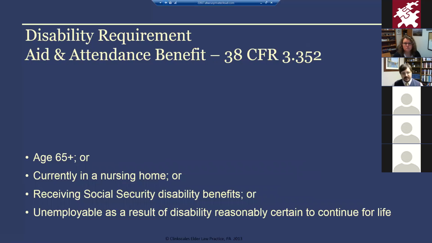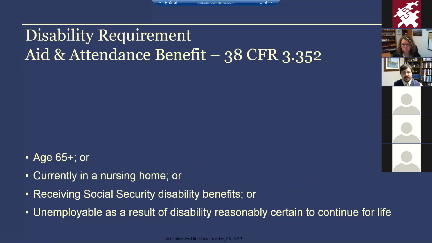You have to be age 65 or plus. The low-income pension and the home and housebound have no age limit, but for aid and attendance, 65 or above. They must be in a nursing home, or they can be receiving Social Security disability benefits, or they're unemployable as a result of a disability that's going to continue for their lifetime.